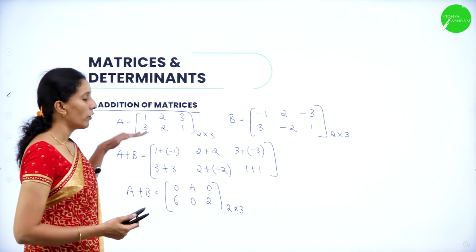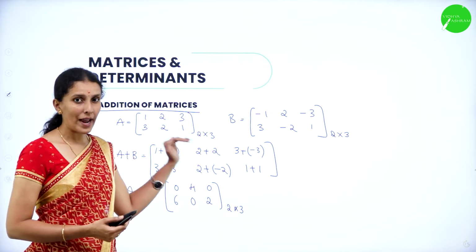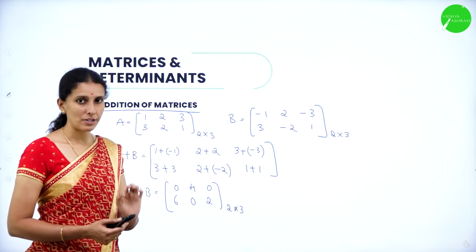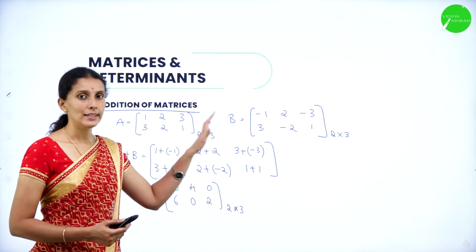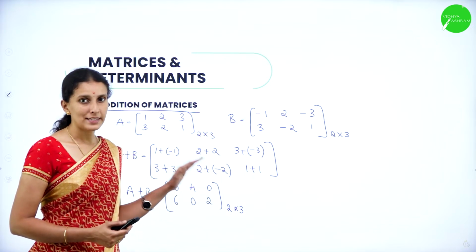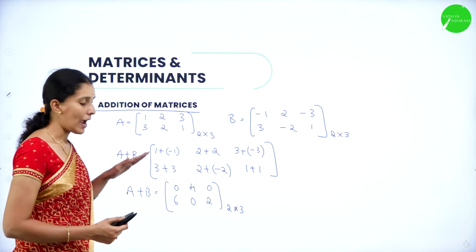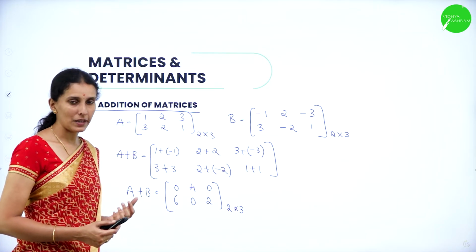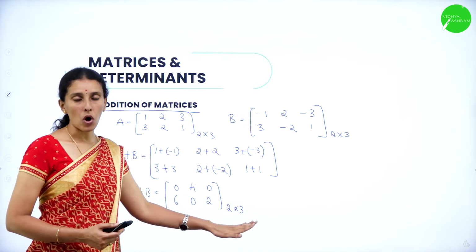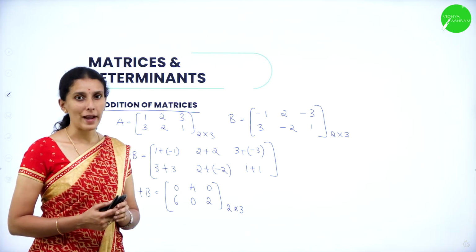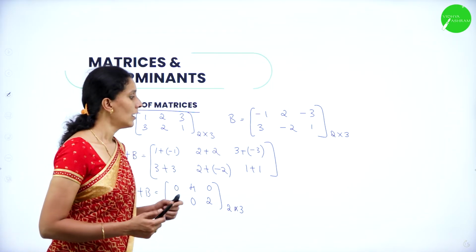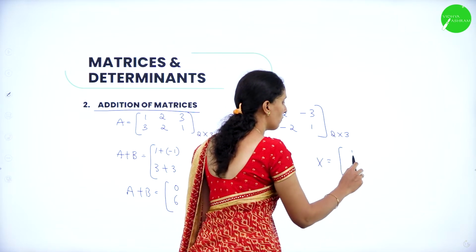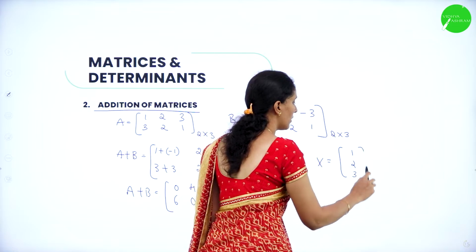Therefore, when you are adding or subtracting any two matrices, the order of the matrices must be the same. Then only you can add the corresponding elements inside the matrices, and the resultant matrix A plus B or A minus B will have the same order as the two matrices. Let me take an example of matrix X: 1, 2, 3.